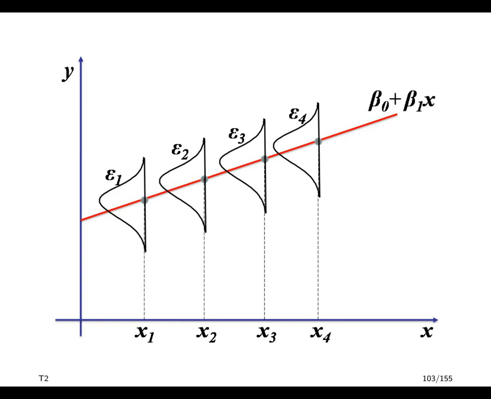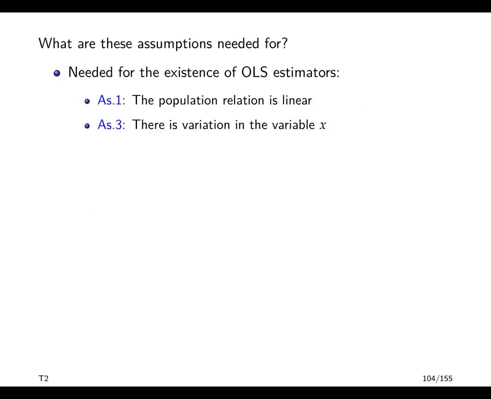So we expect epsilon to take 0 value not for a generic individual, but for every individual independently of what the value of x is. That is for individuals with a low value of x, but also for individuals with a high value of x.